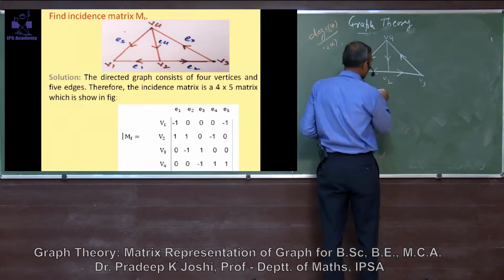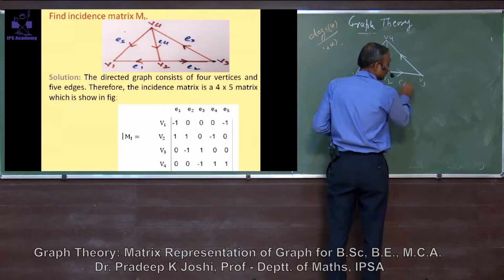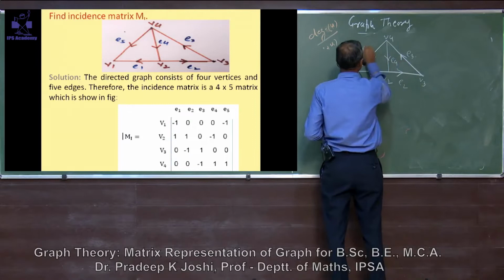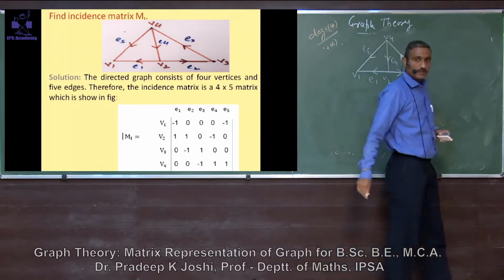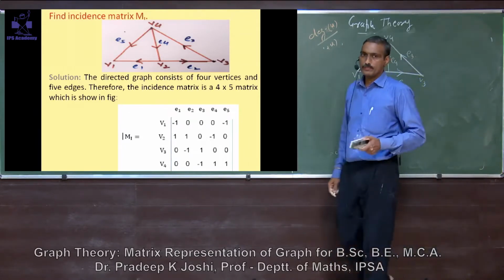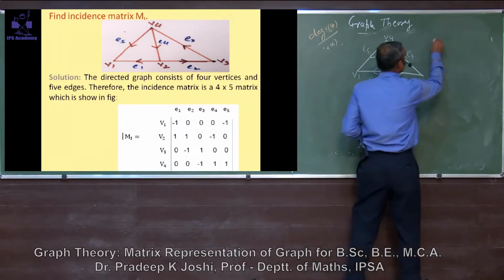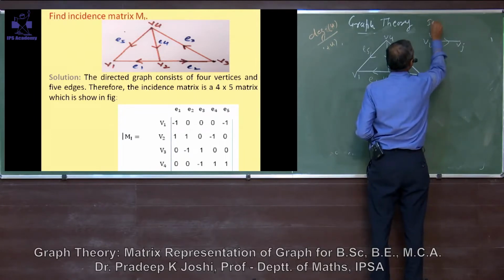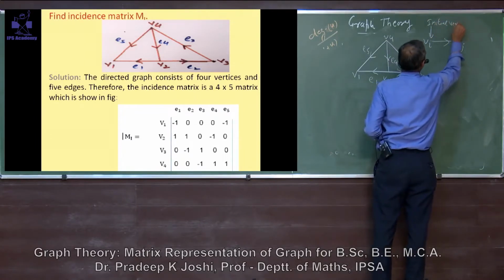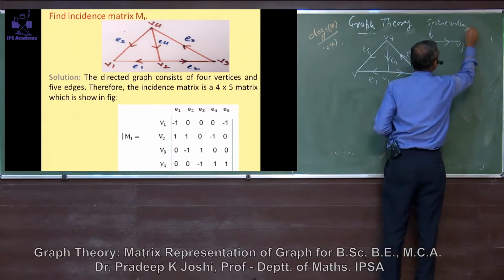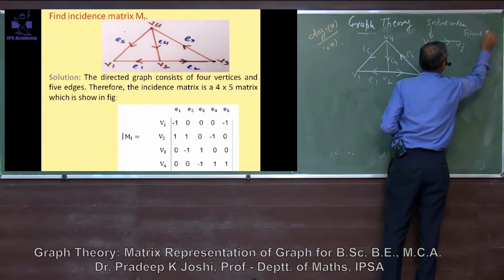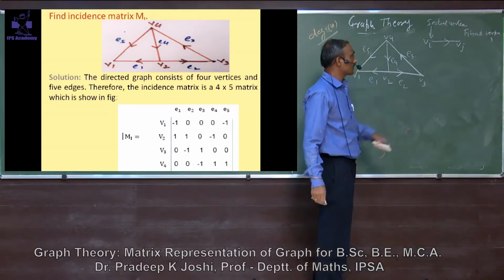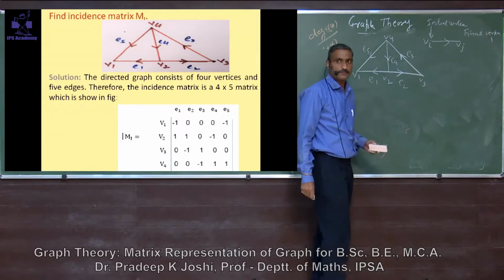Here E1, that is E2, that is E3, that is E4, and that is E5. If we have an edge from Vi to Vj, then Vi is the initial vertex and Vj is the final vertex.